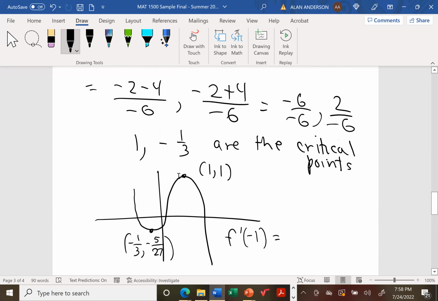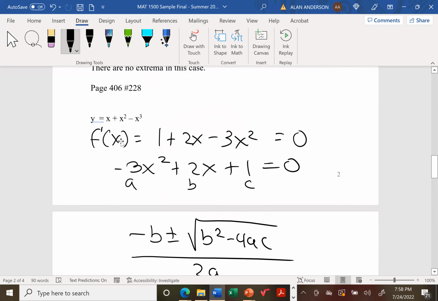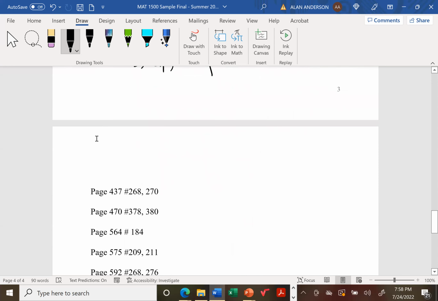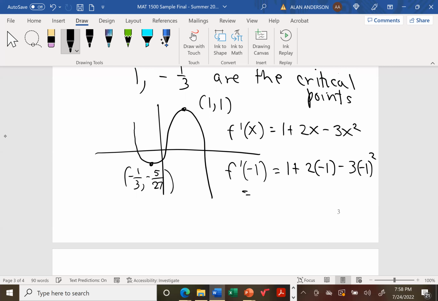So let's remind ourselves of the first derivative. It's way up here somewhere. f prime of x. I'll just sketch it in right here. 1 plus 2x minus 3x squared. So f prime of -1 would be 1 plus 2 times -1, which is 1 minus 2 minus 3.